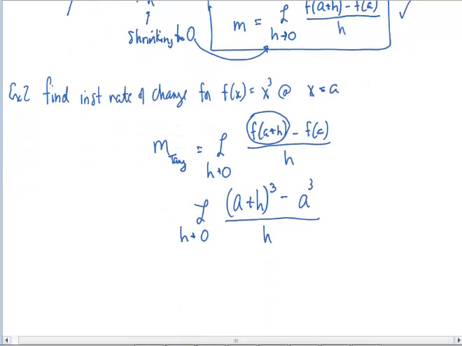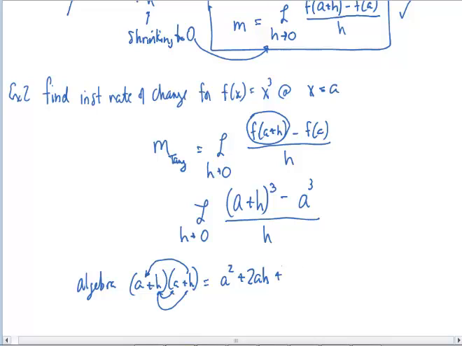I have to do a little bit of algebra. I've got to cube a plus h, and that requires squaring it first. Here I'm going to FOIL that. I got a squared plus 2ah from foiling the outer and the inner, and then doing the last, so that's plus h squared.